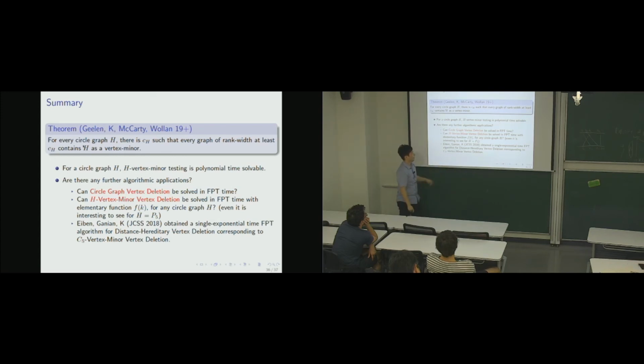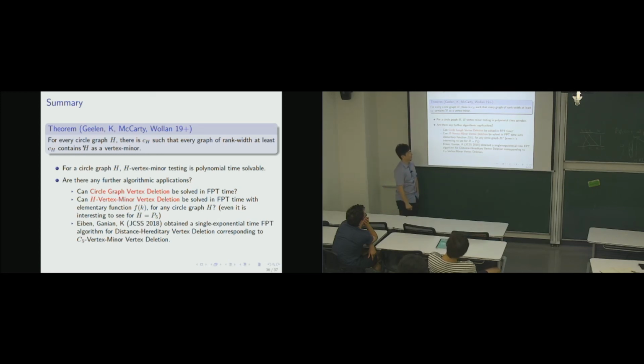So recently, with Edward Ivan and Robert Gagnon, we proved that distance hereditary vertex deletion is FPT, and admits a single exponential time algorithm. The distance hereditary graphs are graphs that do not have C5 as a vertex-minor. So this is one result of this kind, as far as I know.